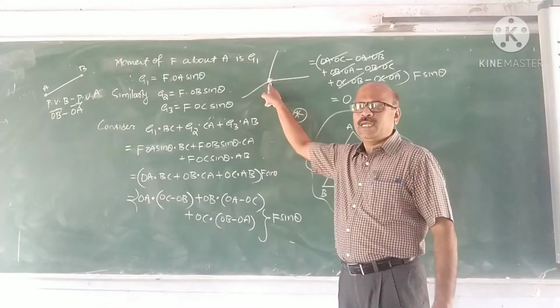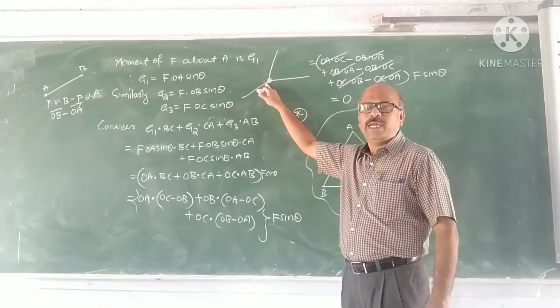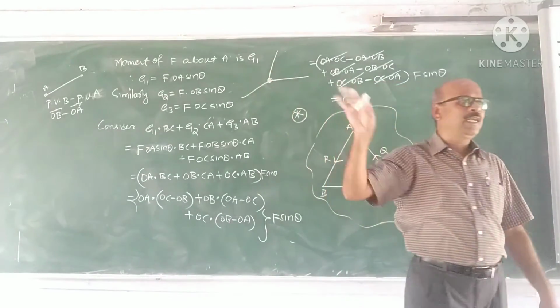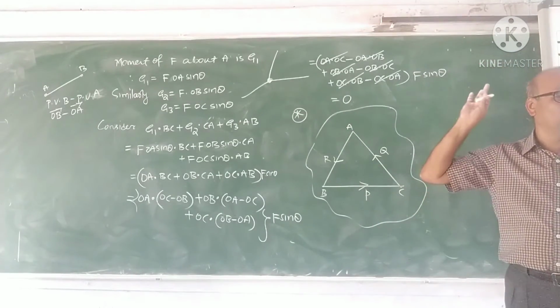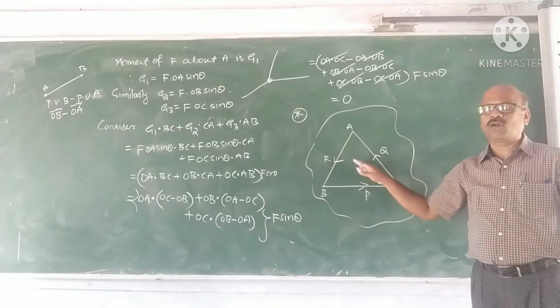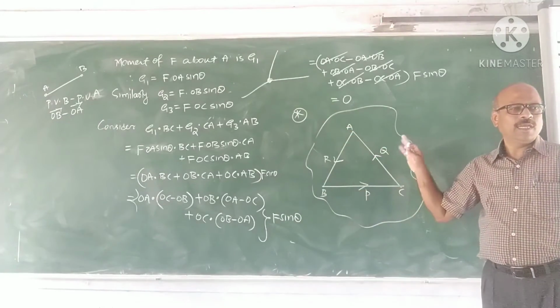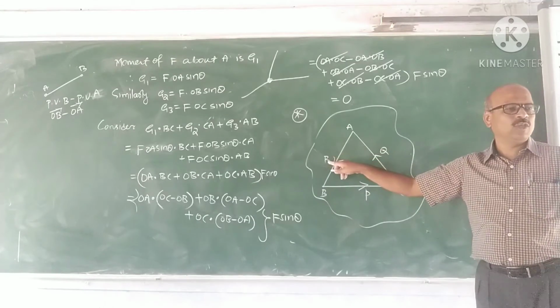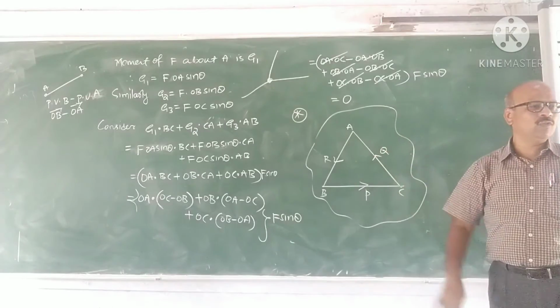If three forces act at a point, meaning they are concurrent, and are represented by the sides of a triangle taken in order, then they will be in equilibrium. Their resultant will be 0. But these three are not concurrent. They are acting on a rigid body represented by the sides of a triangle, but they are not concurrent. Therefore, they are equivalent to a couple.